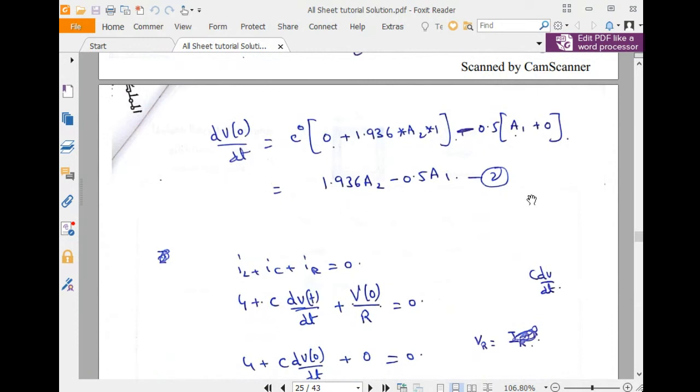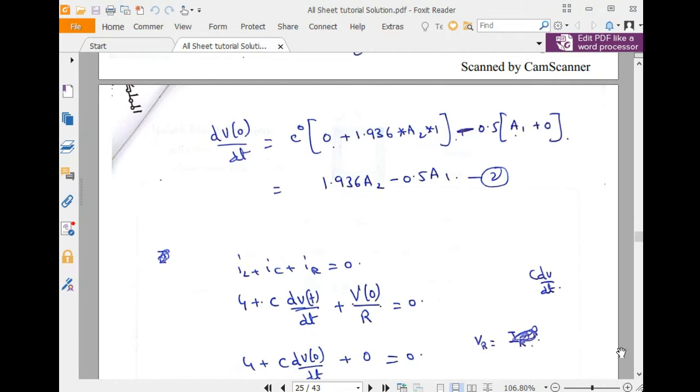Now IL plus IC plus IR equal to 0. This is the standard equation. You have to use this. IL equals 4. IC equals C dV of t by dt, and IR equals V of t by R.